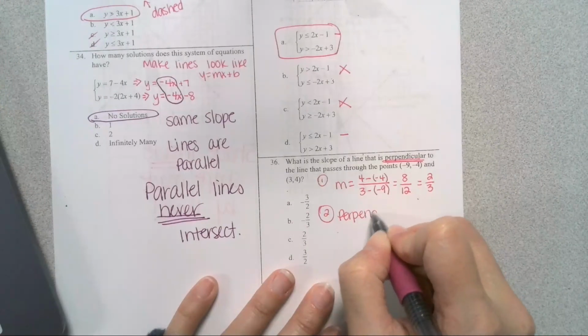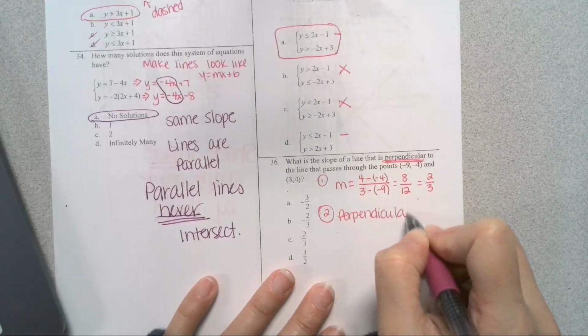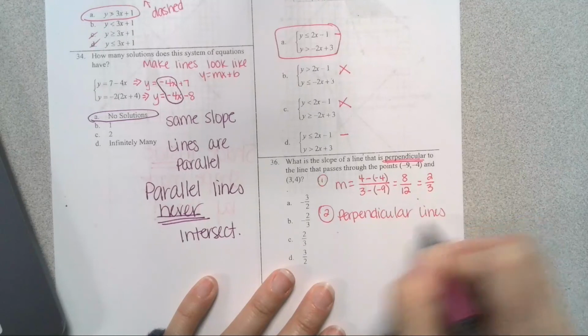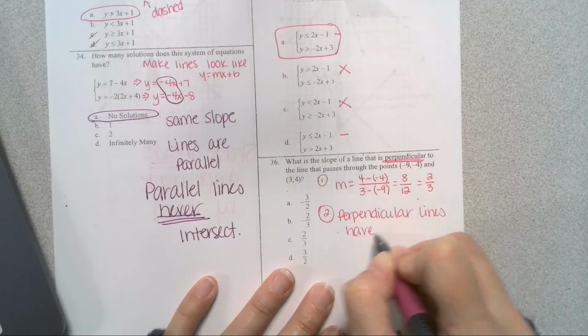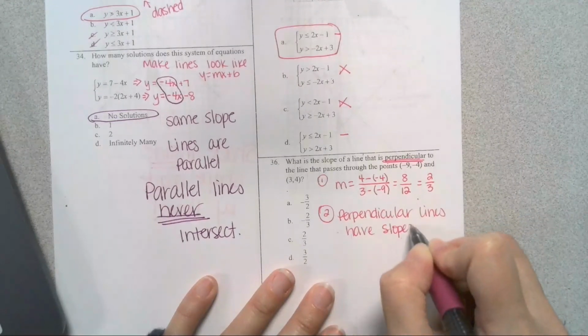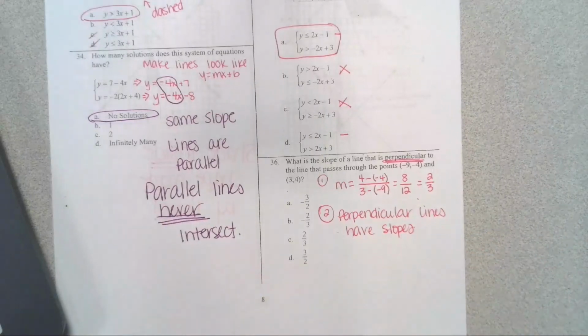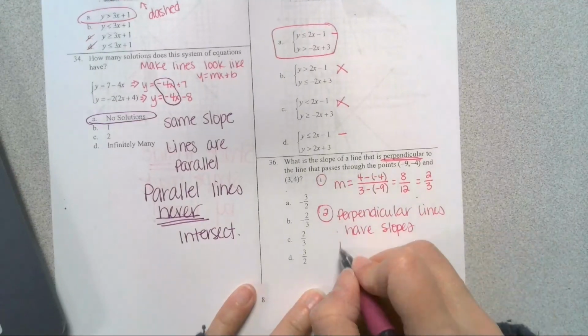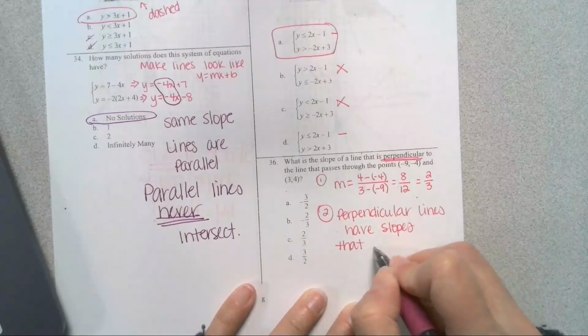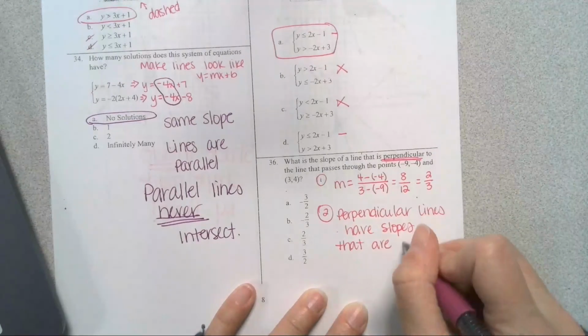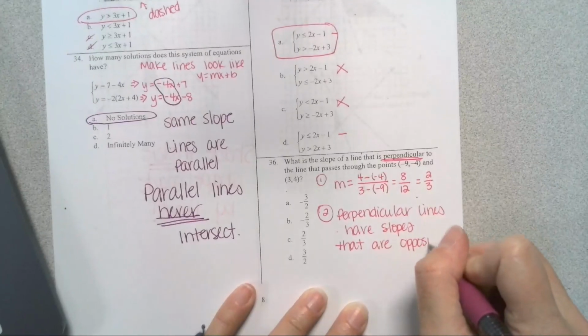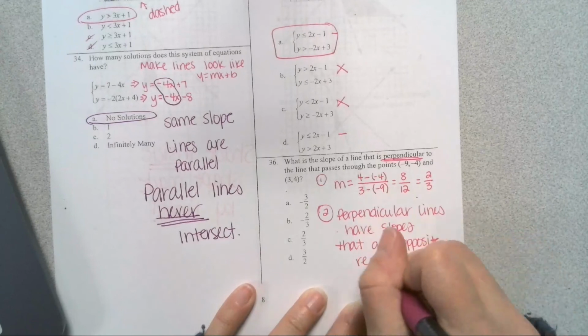Here you go. This is the moment to learn this. Perpendicular lines. Perpendicular lines are lines that meet at a 90-degree angle. They create a perfect plus sign. They have slopes that are opposite reciprocals.